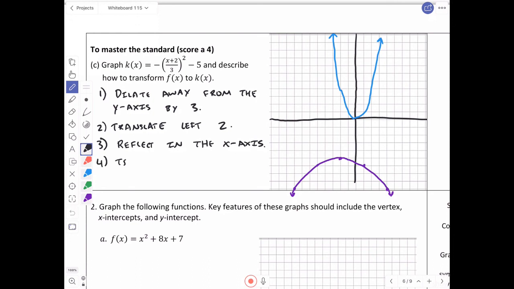Then translate down 5. So that part did that, and that part did that, and that part did that, and that part did that.